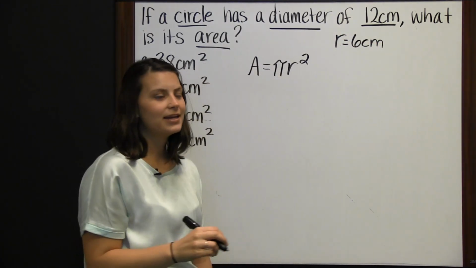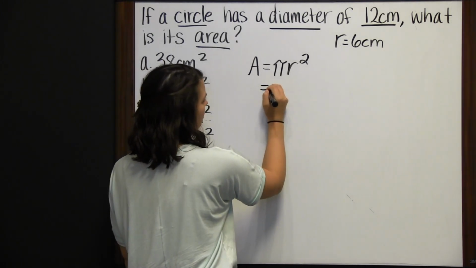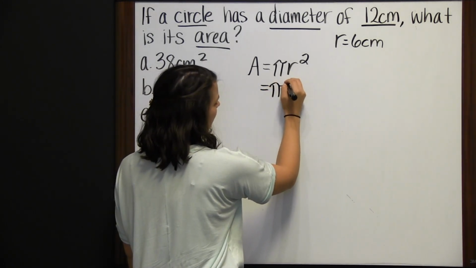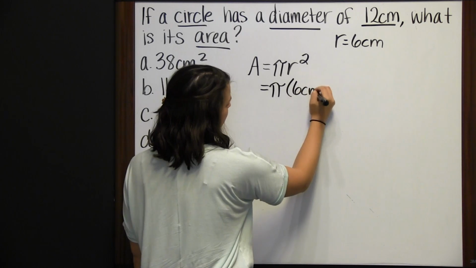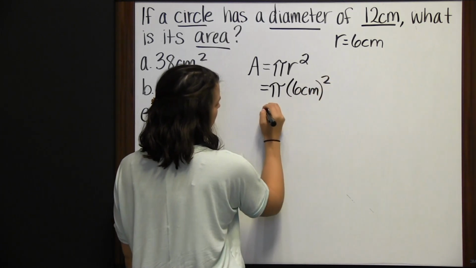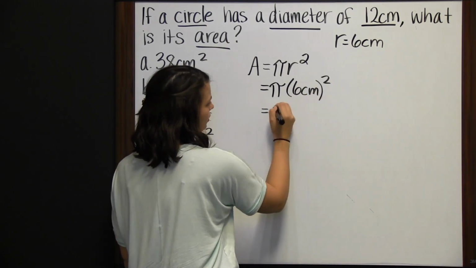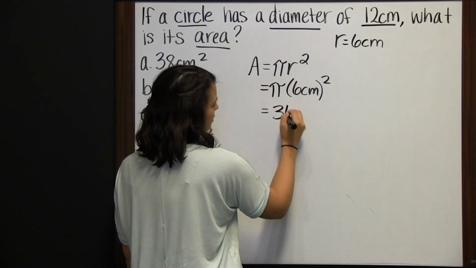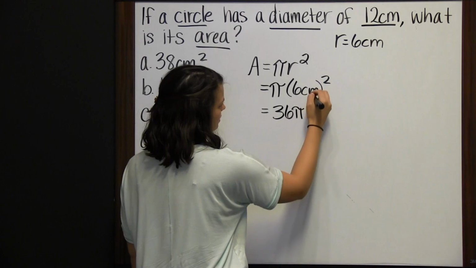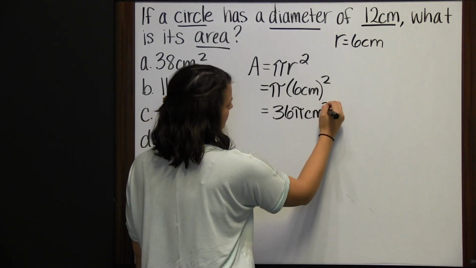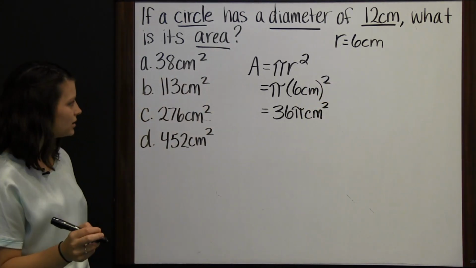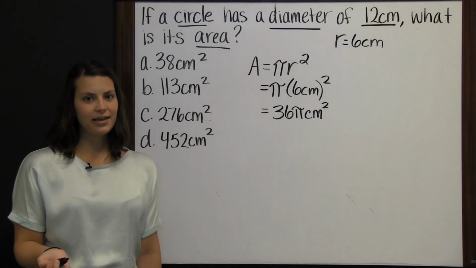So we take our radius and substitute it into our formula. So area is pi times 6 centimeters squared. So the area is 6 squared, 36, pi centimeters squared. But if we look at our answers, none of our answers have pi in them.